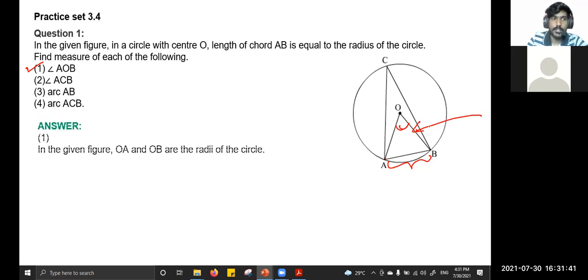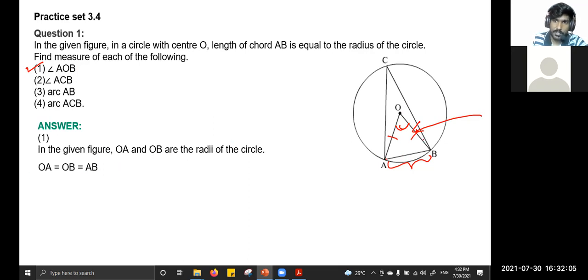Okay. So let's start with the first one. If you see in the figure, OA and OB are the radius of the circle. So both of them should be equal to each other. And in the question, they have also given that AB is equal to the radius. That means OA is equal to OB is equal to AB.